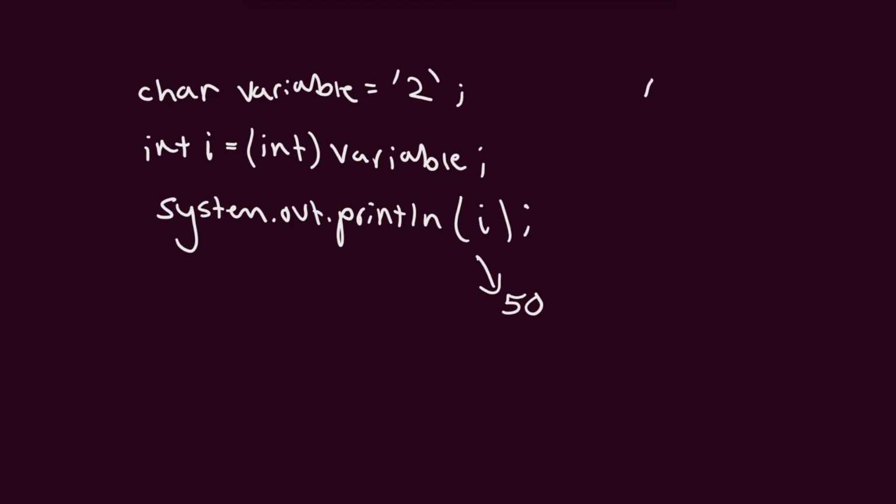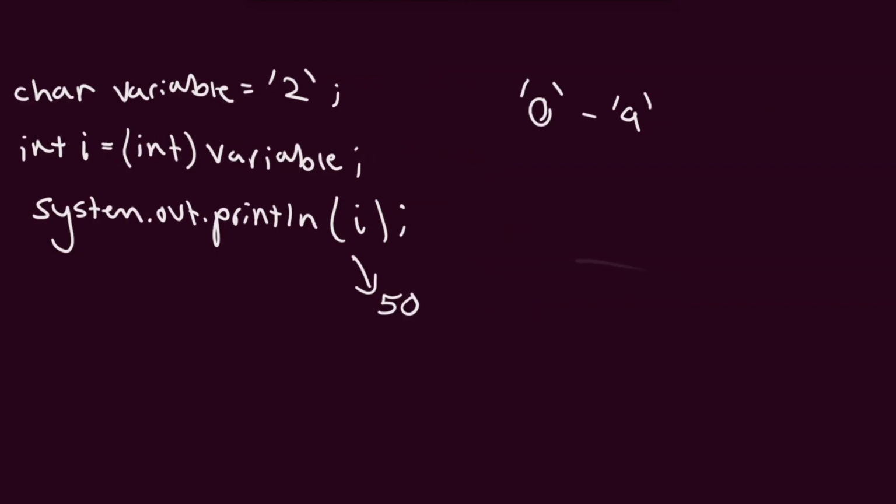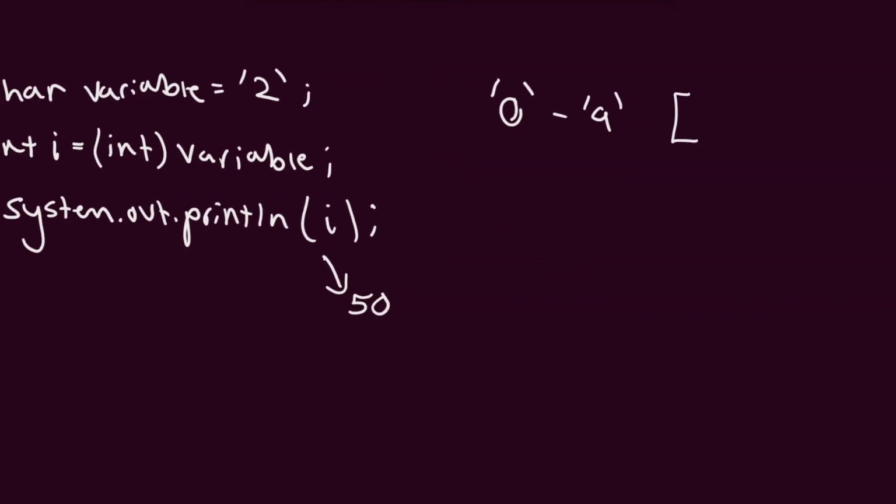So all characters from 0 to 9, these are the numbers they represent. It's from 48 to 57. Okay, so 0, if you were to convert that into an integer, it would be 48. And 9, if you were to convert that into an integer, it would be 57.